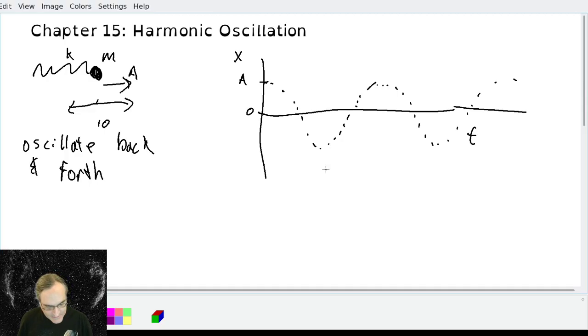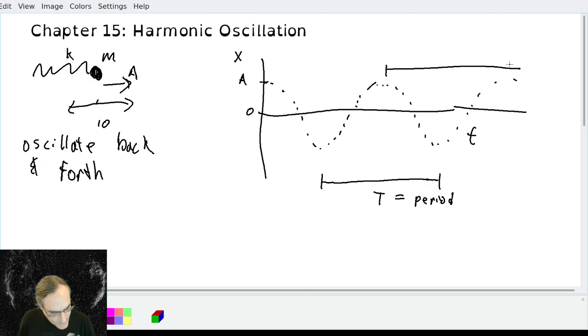So for instance, if we look along the time axis and go from peak to peak, that is the period. And if we go from peak to peak in a different side of the whole thing, that's also the period.